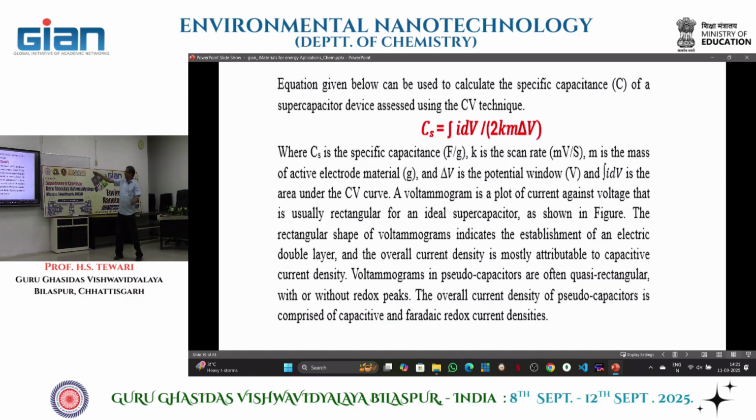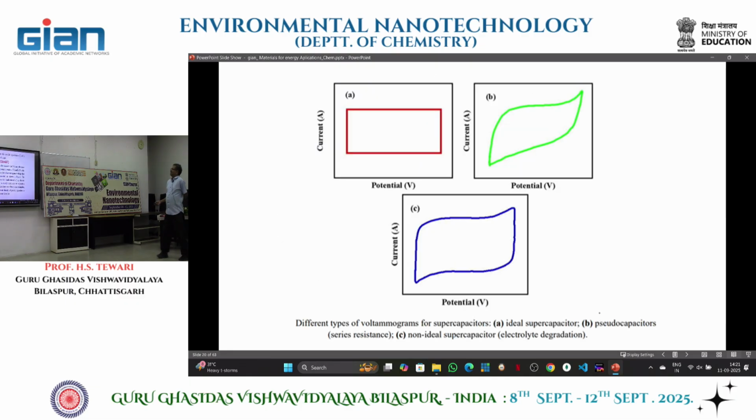You plot the IV curve, then the area under the curve is the integral of I dV. This k is the scan rate, in millivolt per second, where m is the mass of the active electrode, that is active mass. From this we can calculate the specific capacitance. For these three types of electrodes, the first one is for an ideal supercapacitor, EDLC, this one is for pseudocapacitors, and the last one is for non-ideal capacitors.